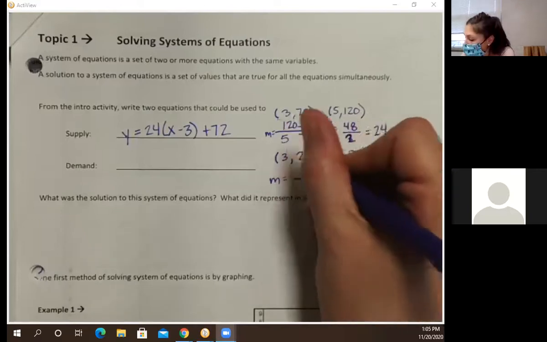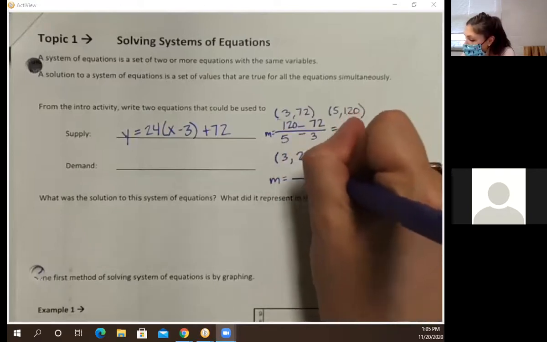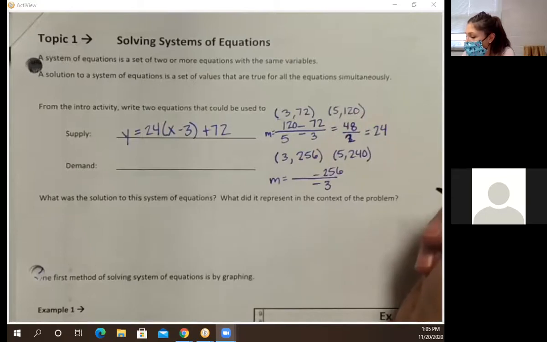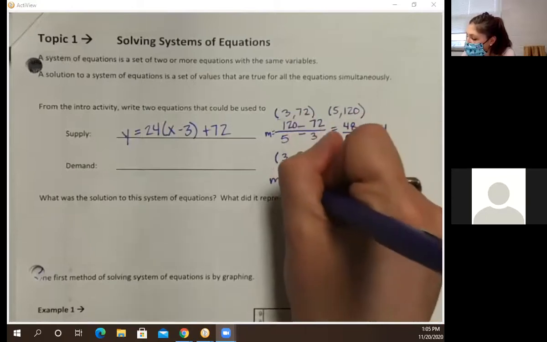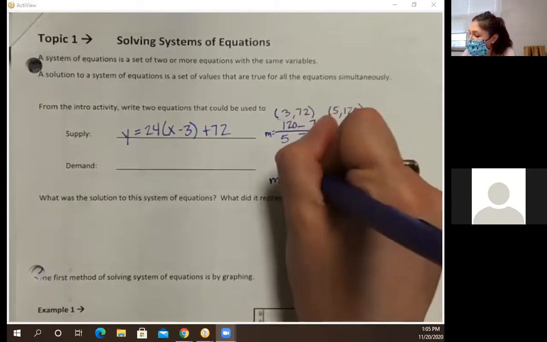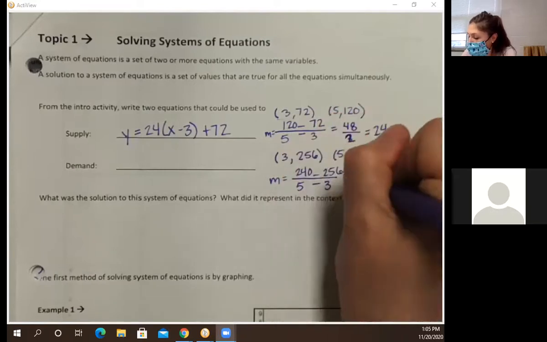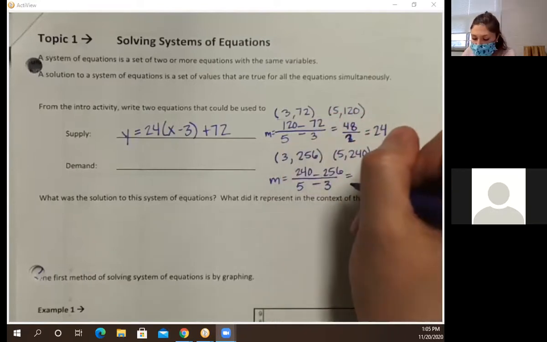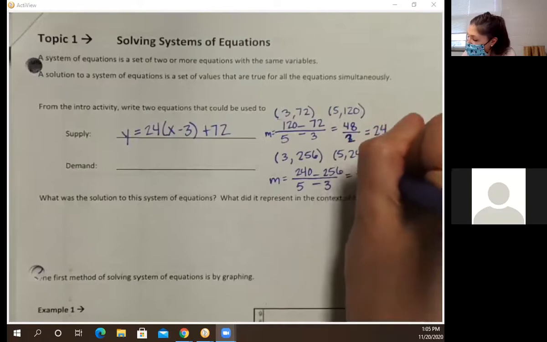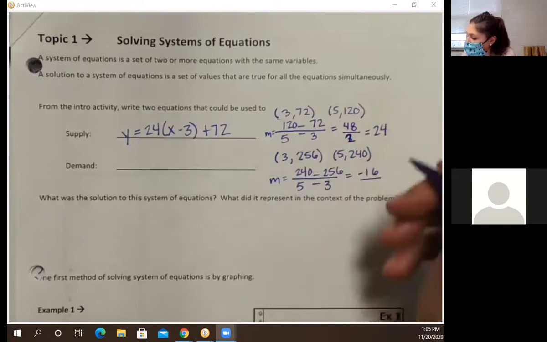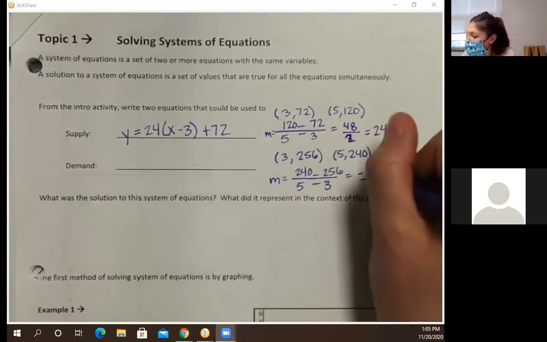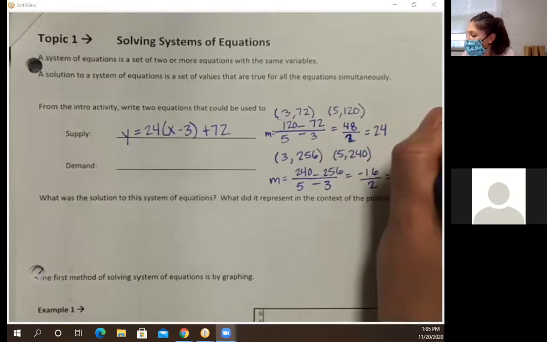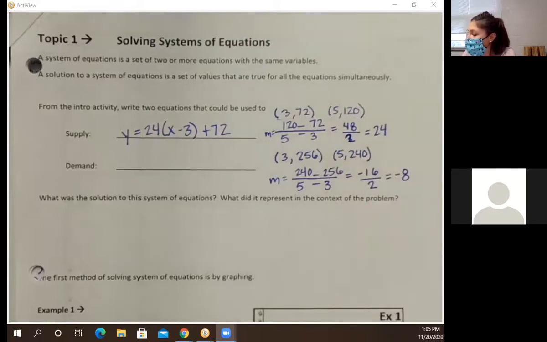Remember, x goes on the bottom, so 3 on the bottom, 256 on top. And then for my other point, 5 on the bottom, 240 on top. 240 minus 256 would give us negative 16. 5 minus 3 gives us 2. Negative 16 divided by 2 is negative 8. So I've got my slope.